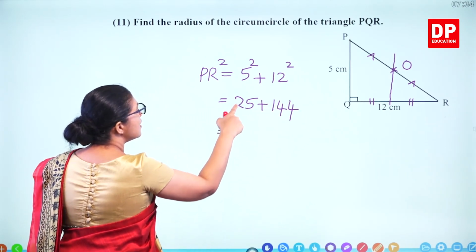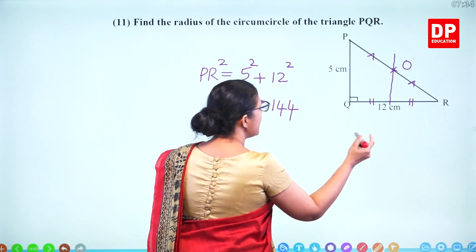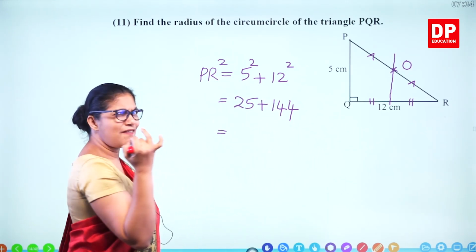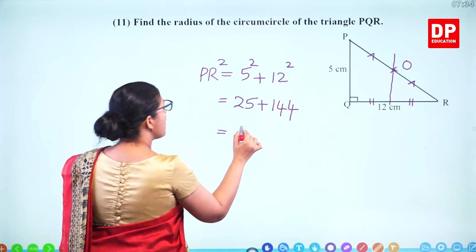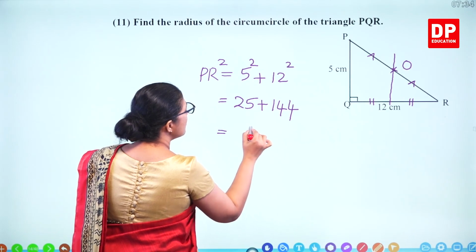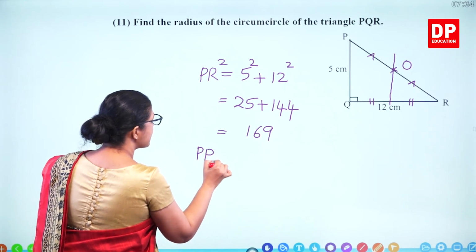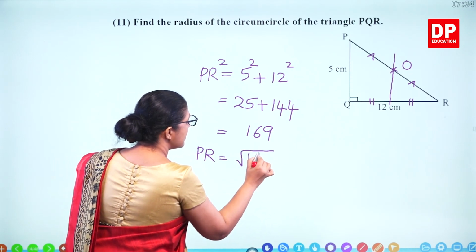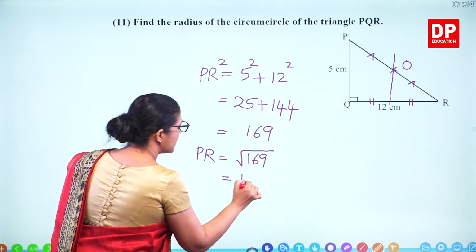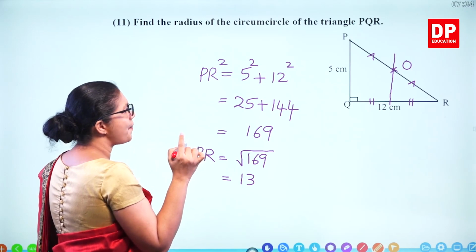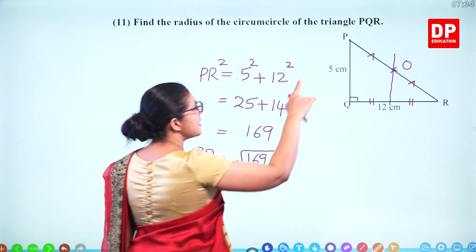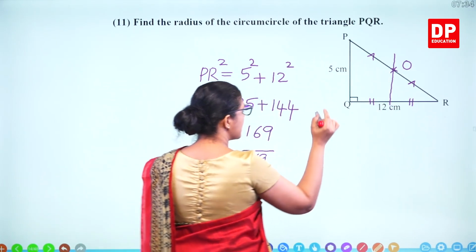This is a Pythagorean triplet. Can you remember? 5, 12, 13. If you can remember, no need to do it again. So 169. Square root of 169 is 13. You take only the positive value. So 13 is this full length, half of it.